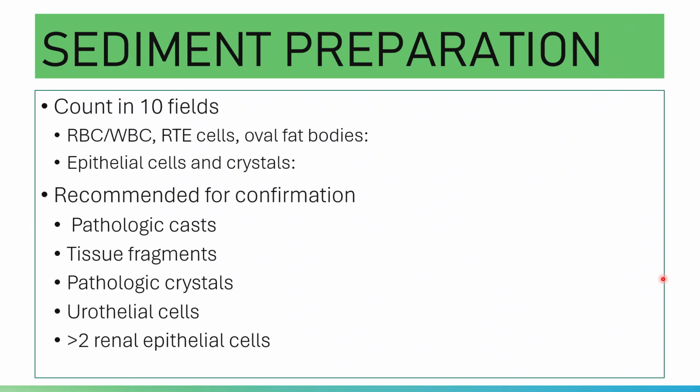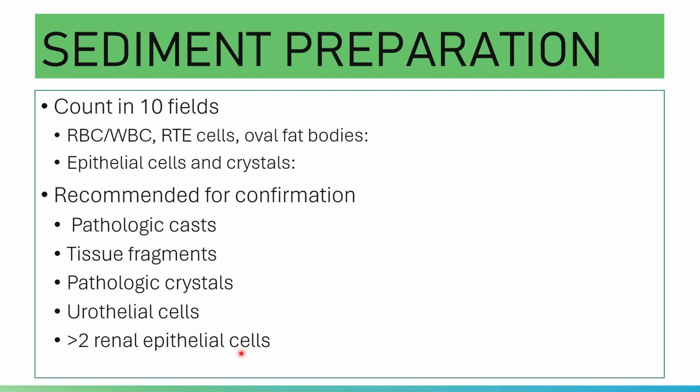Accordingly, if there are more than two renal epithelial cells, it is recommended for confirmation using cytopathologic or specific chemical tests.